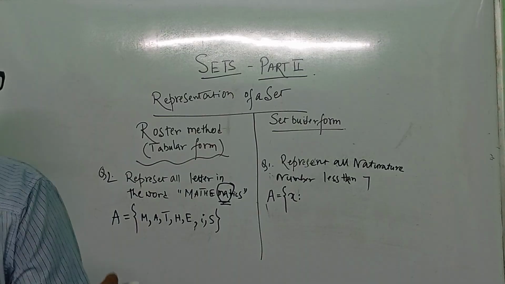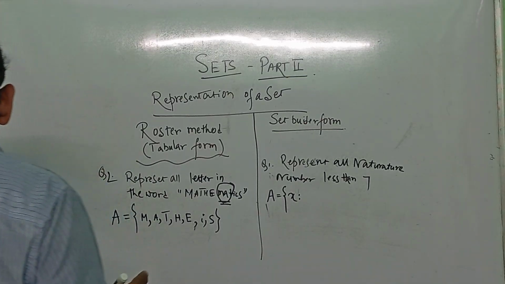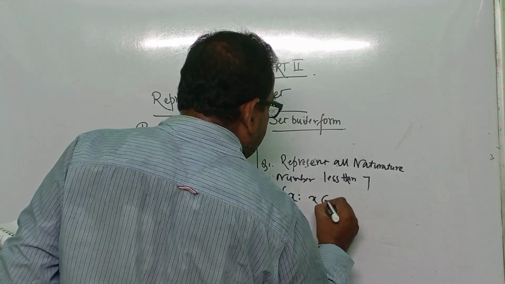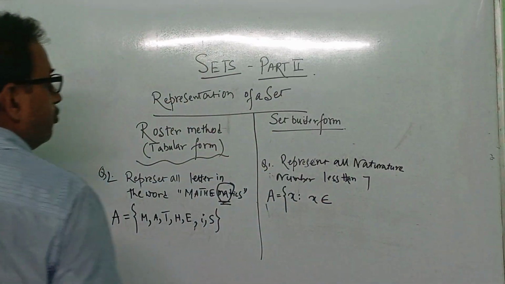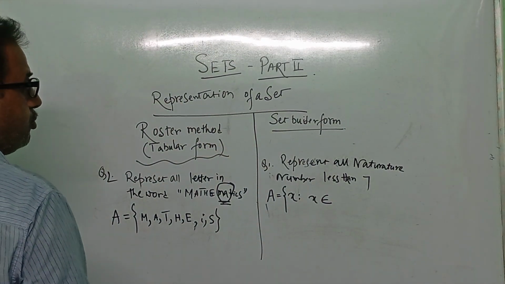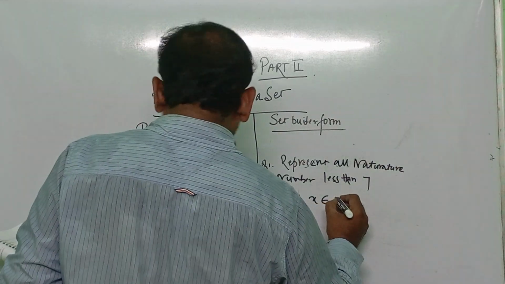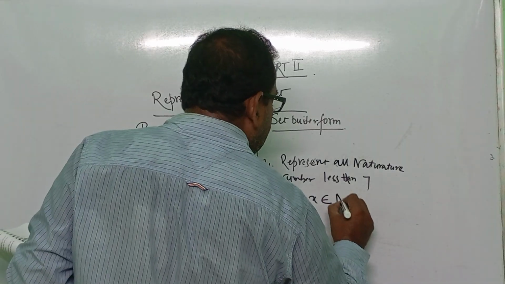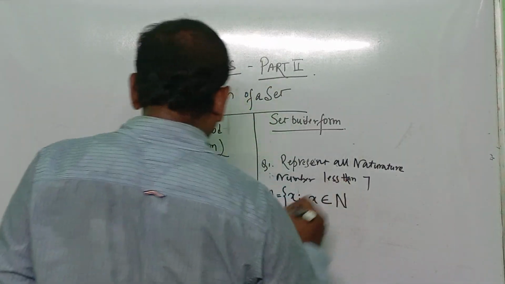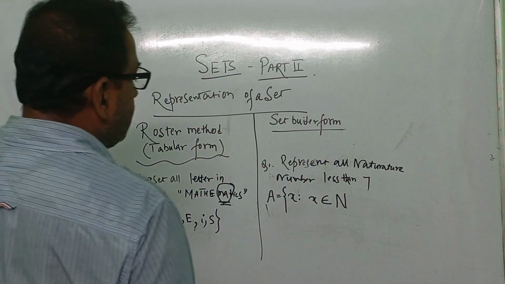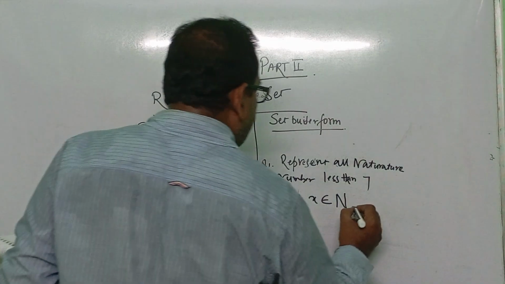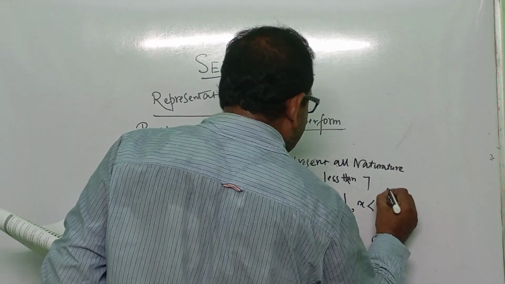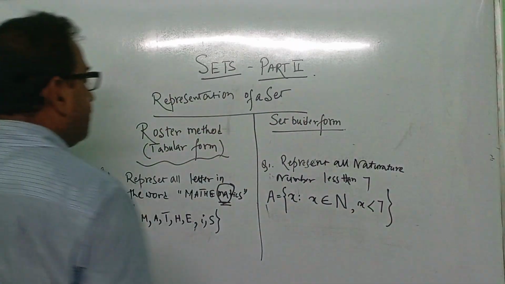Now how is it written? Where X, this is epsilon, means belongs to. X belongs to which one? Natural numbers, X belongs to natural numbers, and where X is less than 7. Clear?